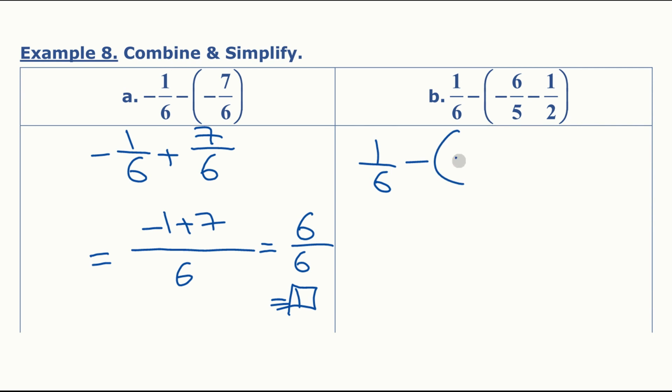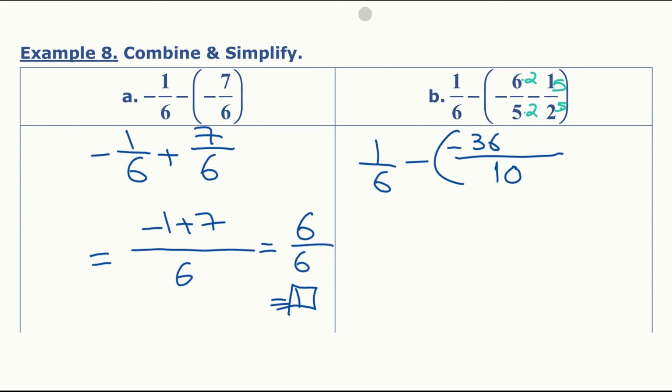minus, we're going to go ahead and take care of the combining of those two fractions. So we get the LCD here being 10. So the 5 has to be multiplied by 2, and the same with the numerator, and the 2 has to be multiplied by 5, and the same here. All right, so now we're going to get -36.